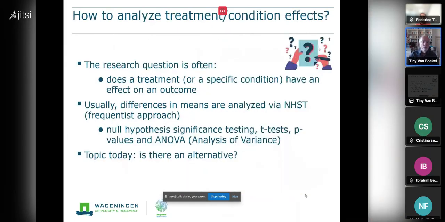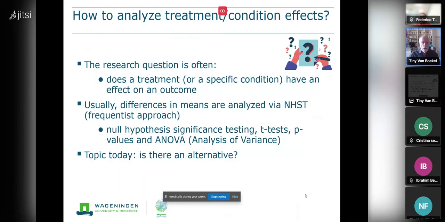Right, there we go. So if you are planning to do ANOVA, the reason why you want to do that is probably you want to know if a treatment, a specific condition, has an effect on an outcome.